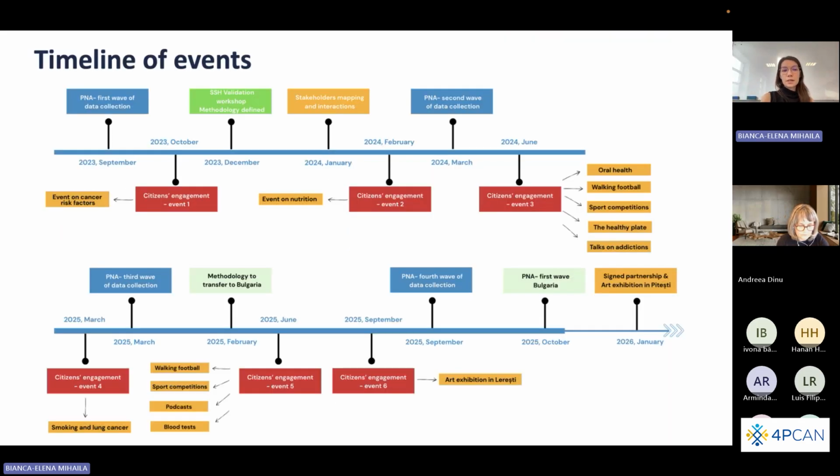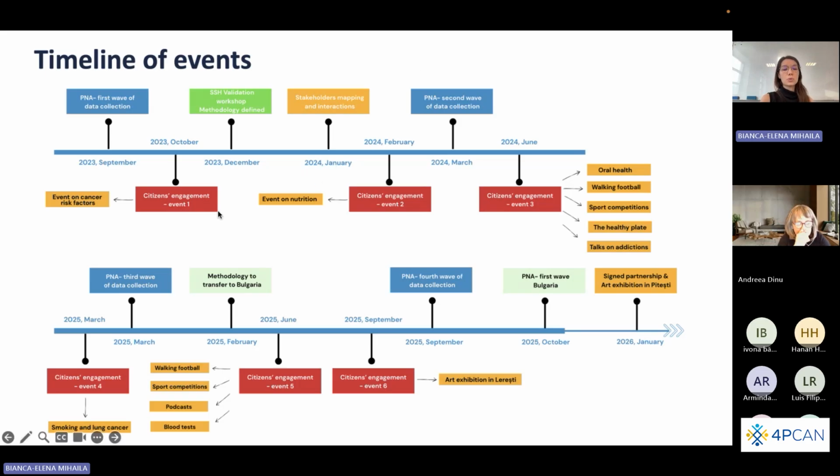This is the timeline of events, and as far as I saw, Julian already presented some things, but I want to emphasize a few things here. You can see that engagement did not happen instantly. We had the cultivation phase.